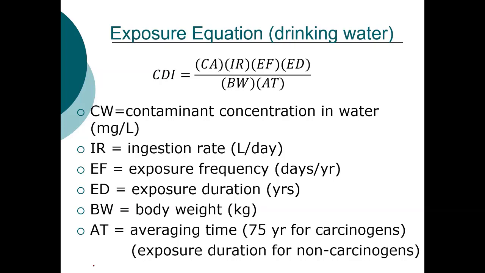The chronic daily intake, for instance from drinking water, is equal to the contaminant concentration in water times the ingestion rate times the exposure frequency times the exposure duration, divided by the body weight times an averaging time.